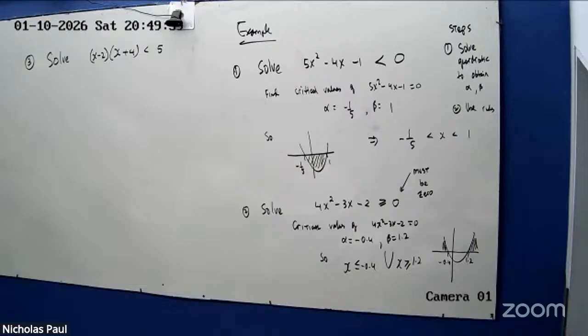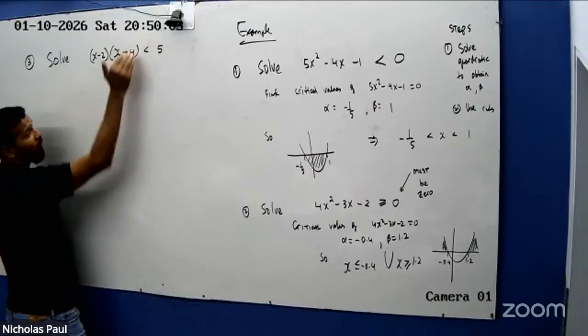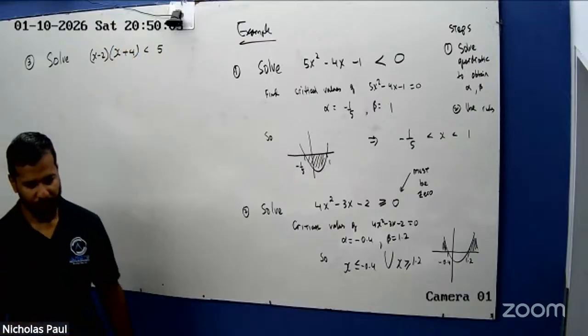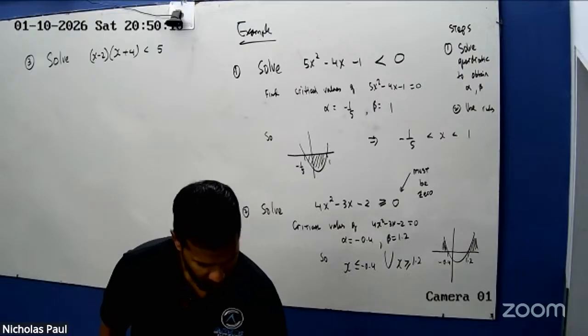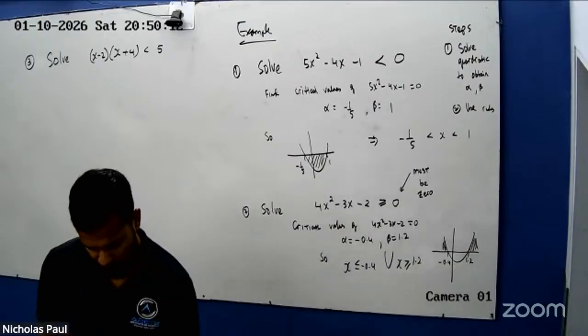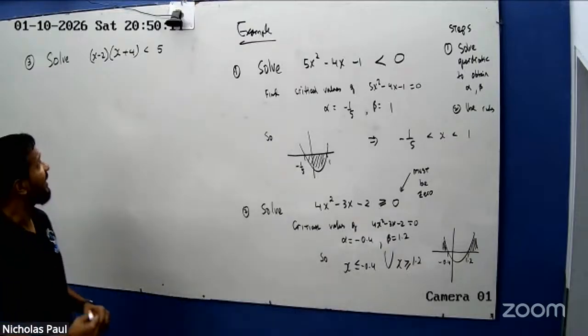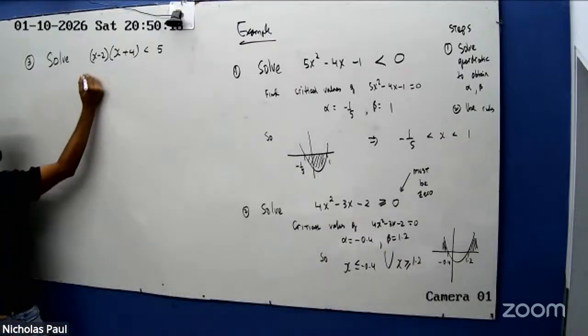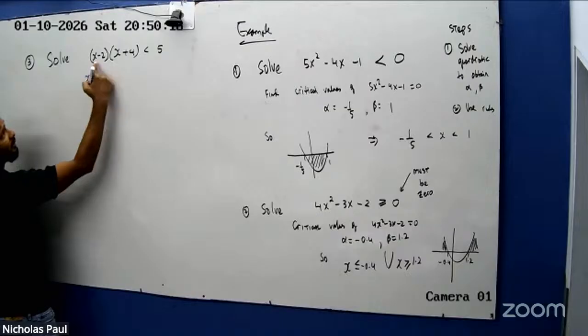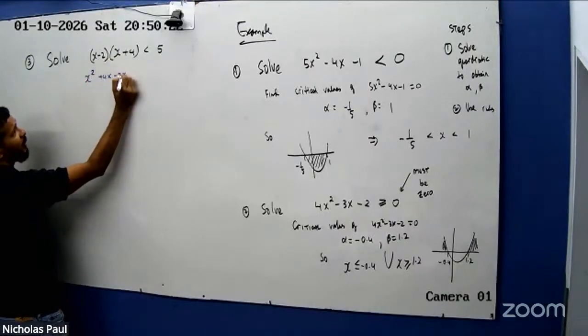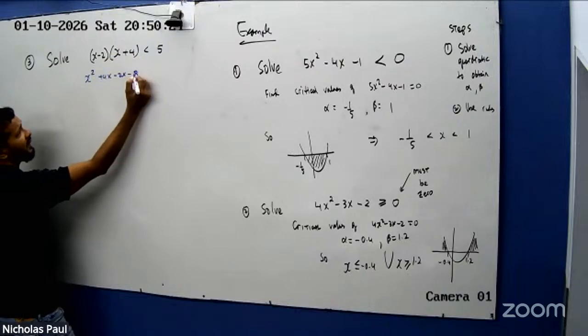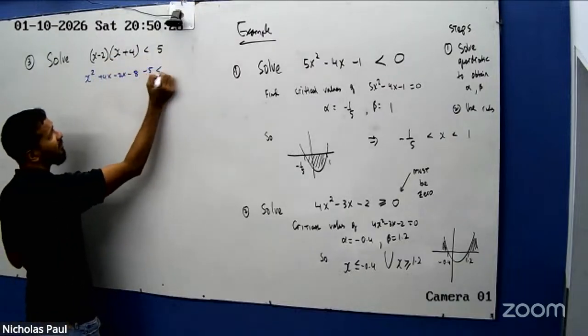Right, so you're going to name the values. You have to expand this out and bring across the constant. Let me just check the expansion to make sure you have it right: x squared plus 4x minus 2x minus 8, and bring across the 5.